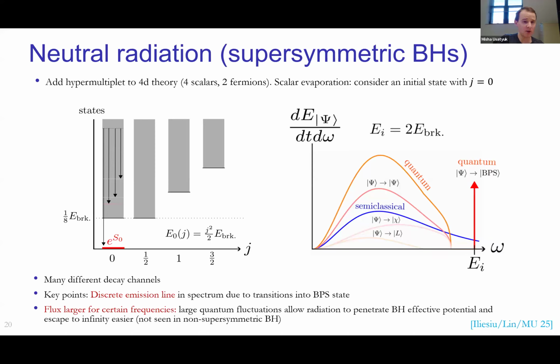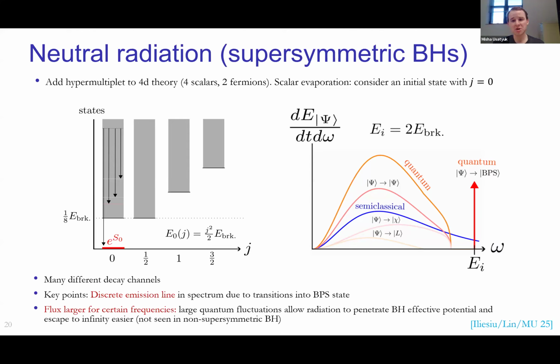Well, now the black hole can transition to different final states given by the different states in the supermultiplet. That's what all these different black arrows correspond to on the left-hand side. If you work out the final answer, you get a plot that looks like the right-hand side.